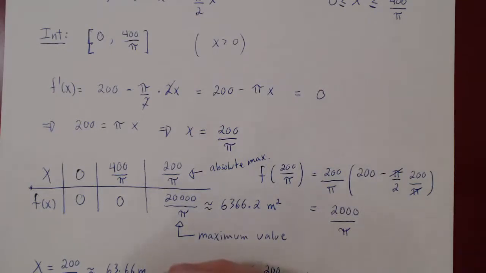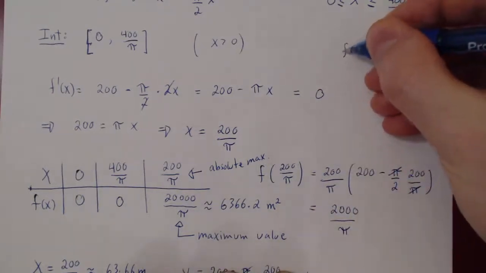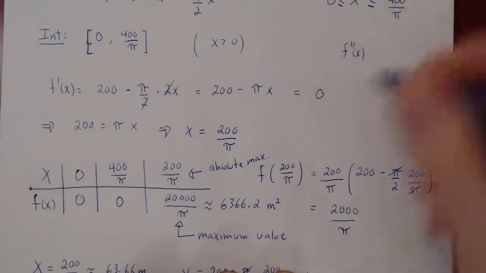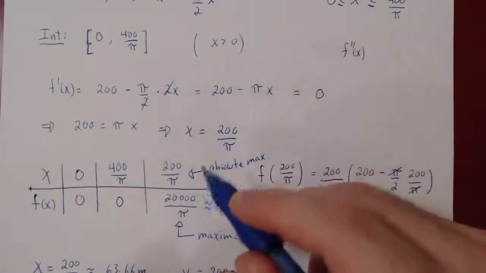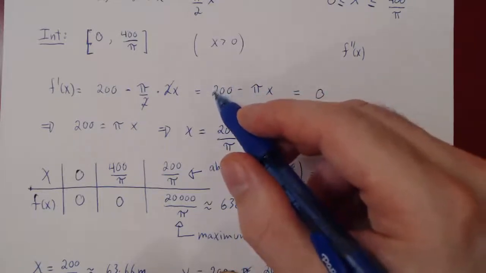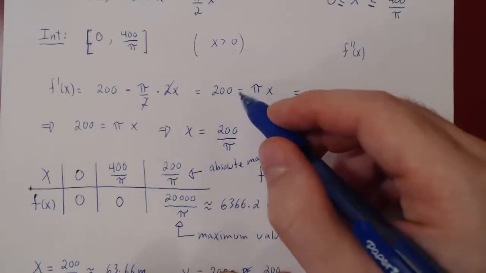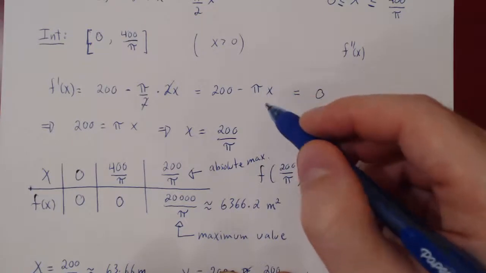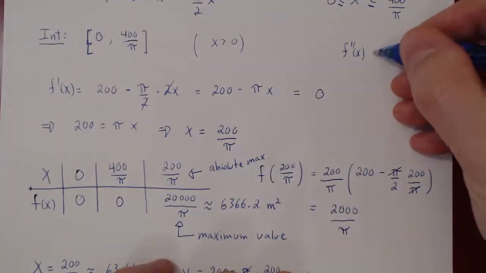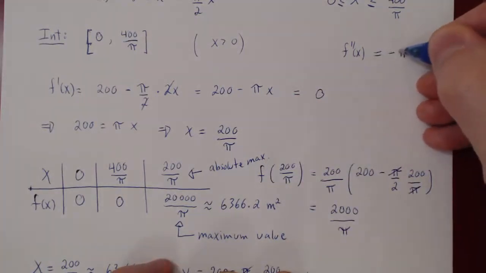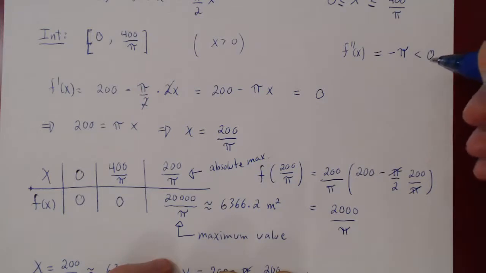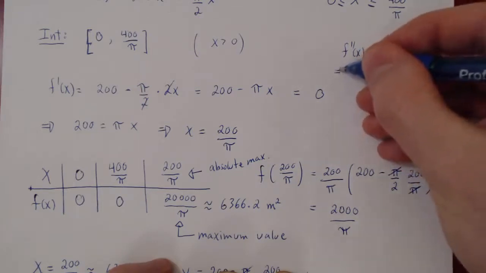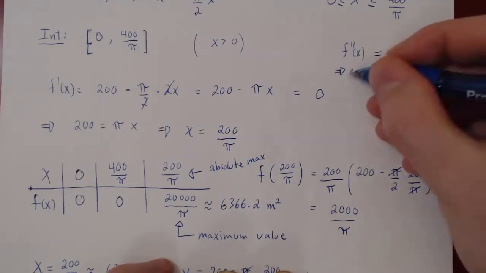Well, you're looking for concavity. Look at your second derivative. This is the first derivative. Differentiate one more time, you get the second derivative. The derivative of 200 is 0, minus pi times the derivative of x, which is 1, and all you get for your second derivative is negative pi, which is a constant, and more importantly, a negative constant. So the curve would be always concave down.